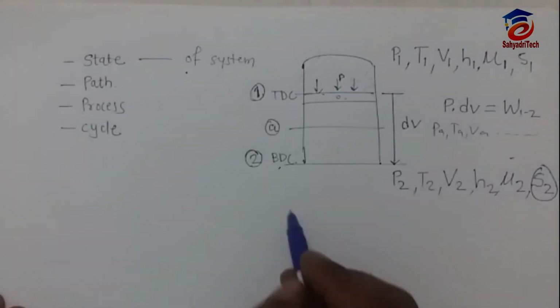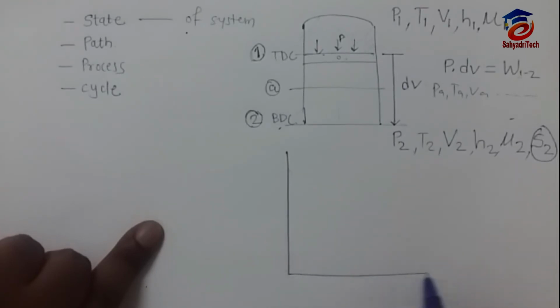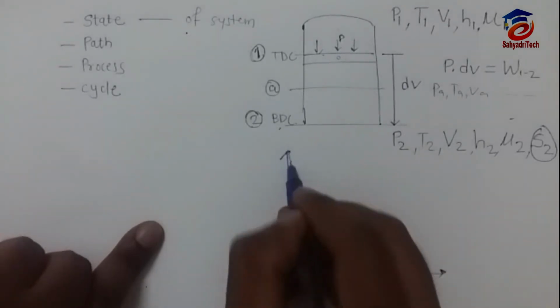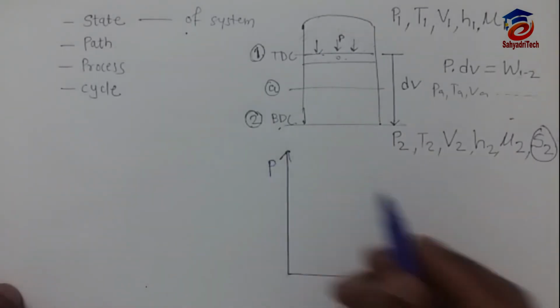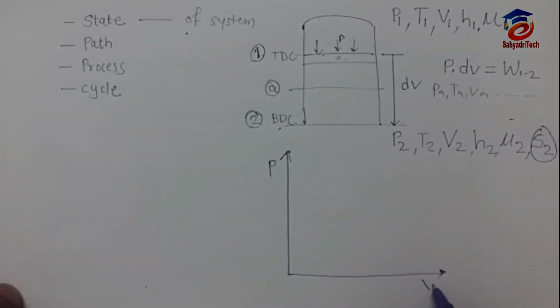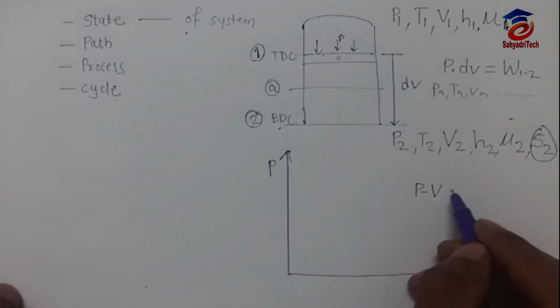How can we show this graphically? We have to draw an indicator diagram. For that I will also tell you what a point function is. Suppose I have drawn one characteristic, the PV curve. We also call it an indicator diagram.